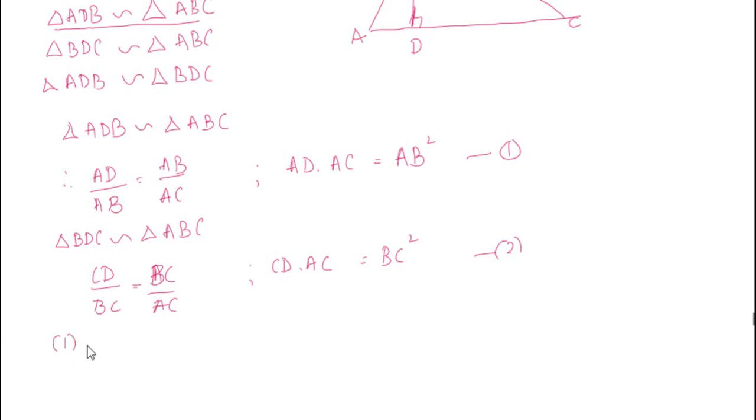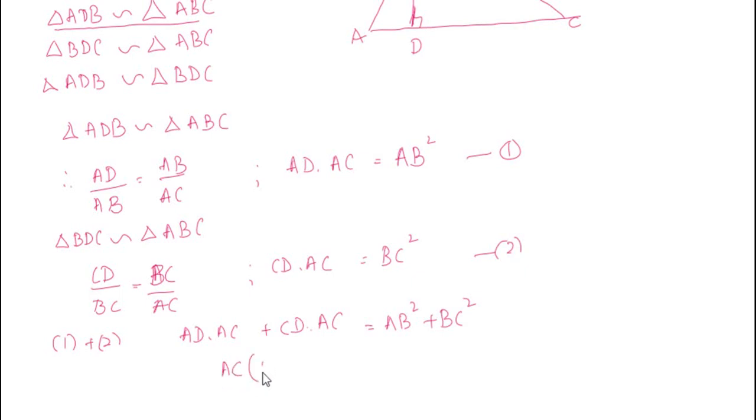Now 1 plus 2 gives AD into AC plus CD into AC equal to AB square plus BC square. AC is common here. Let us take AC out.